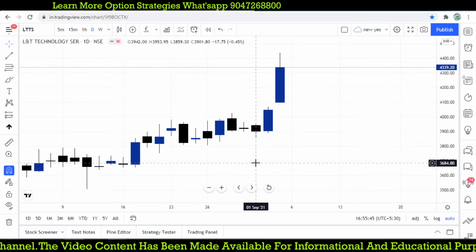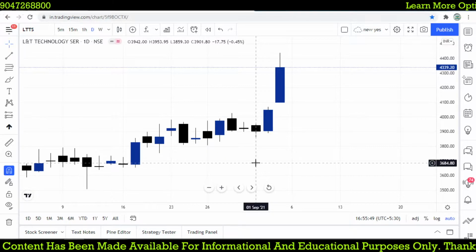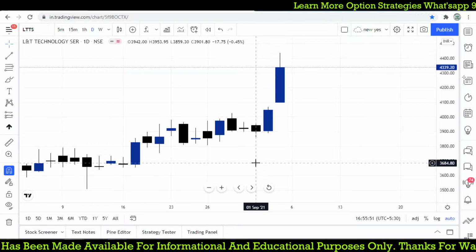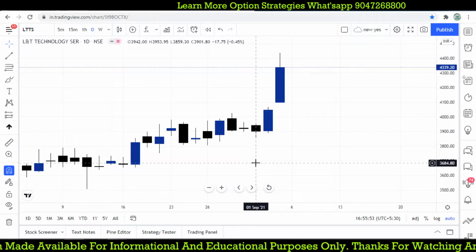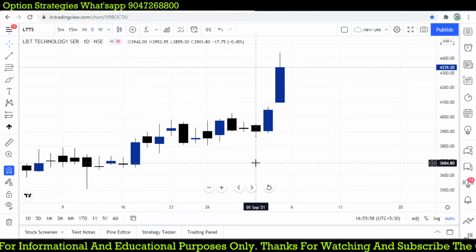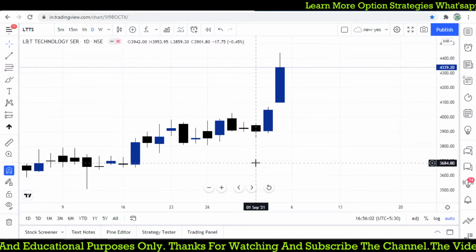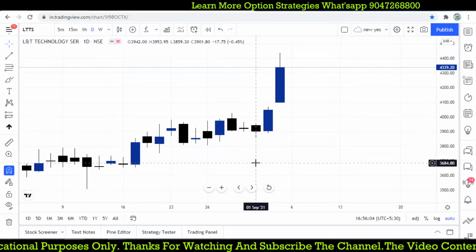And there are some comments I got. One of my friends commented that instead of taking 1,000 scanners or 100 scanners, one scanner is good enough. I got that kind of message. In my case, I have 4-5 different strategies. Why?